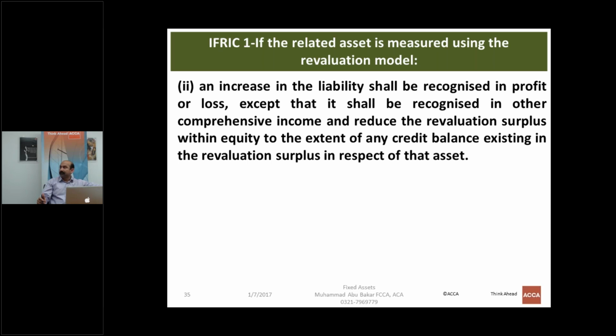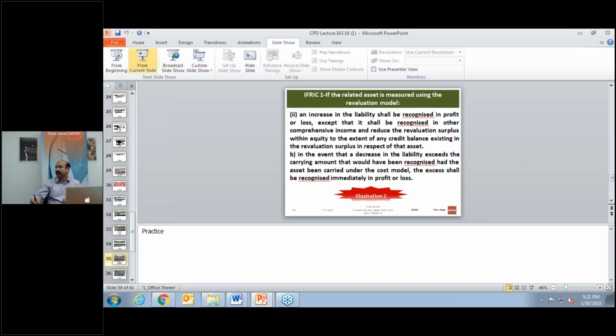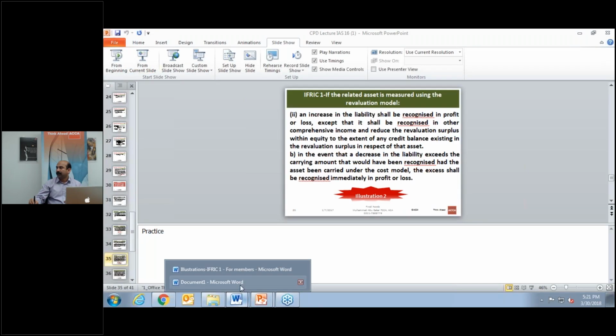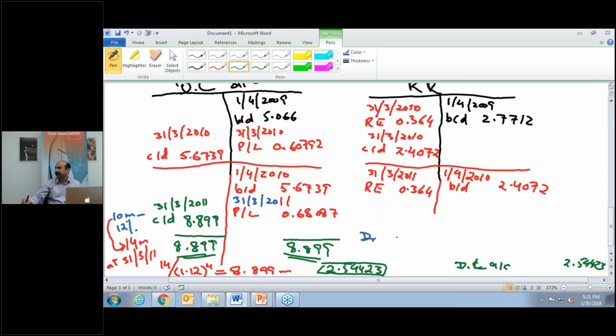So first, this will make that revaluation surplus 0. So our entry will be debit this revaluation surplus, of course, through other comprehensive income, revaluation reserve.